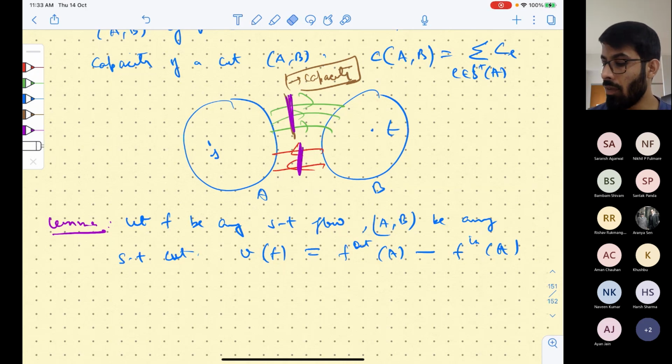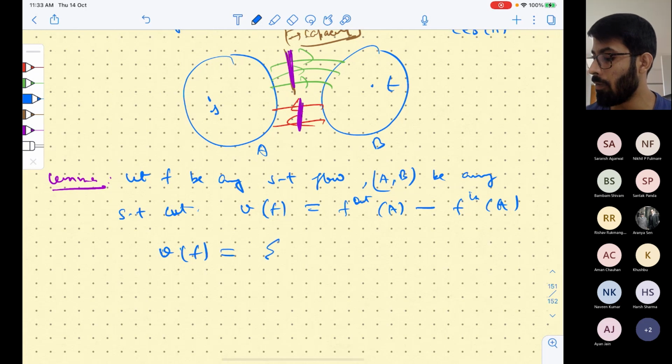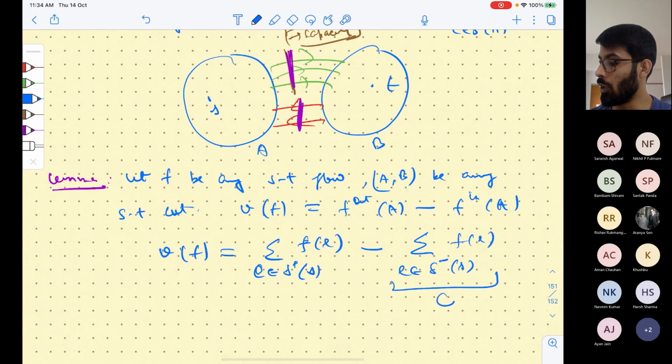And that is actually not very hard to see. We can say that the value of the flow F is equal to, by definition, the sum over E belonging to delta plus of S of F of E, and we can subtract from it the sum over E belonging to delta minus of S of F of E, because this we know is 0.